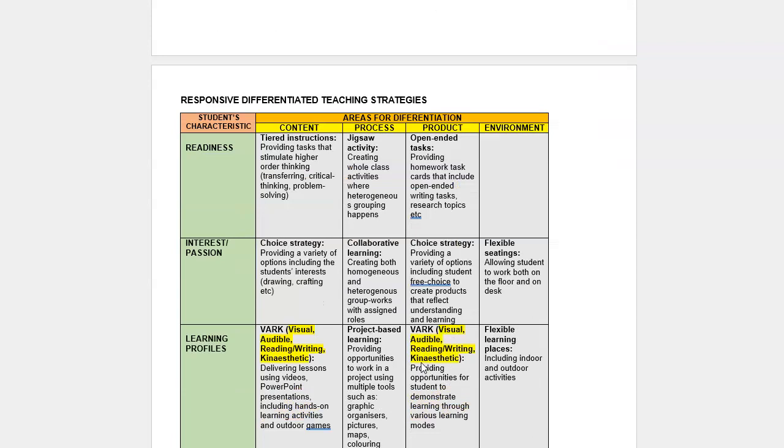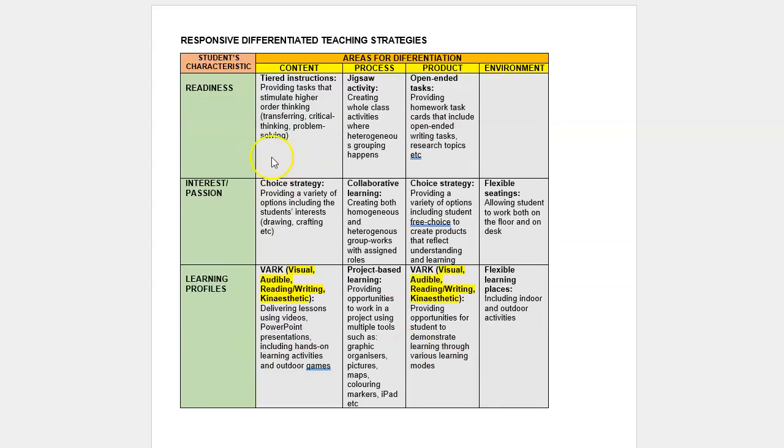This is how then another student has tabularized, just for student 1, what it looks like. And notice they've used the framework of readiness, interest, and learner profile, and they've used the output of content, process, product, and environment. So they've said for this same student that was discussed previously by another student, there's tiered instruction, jigsaw, and open-ended tasks are the way they are going to respond to readiness for that student based on the data, and so on.